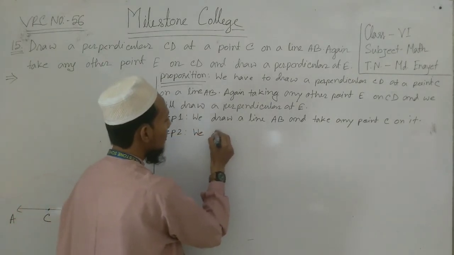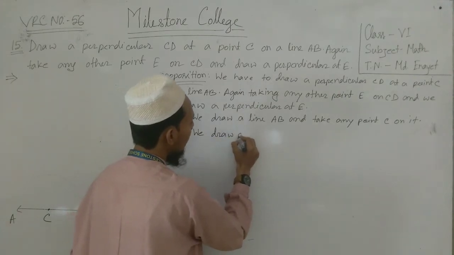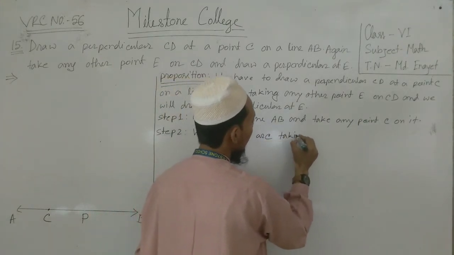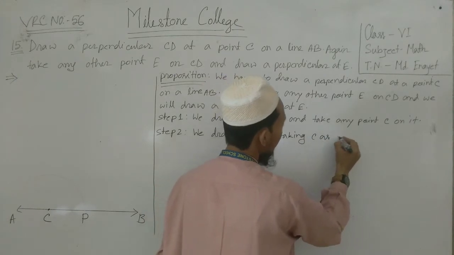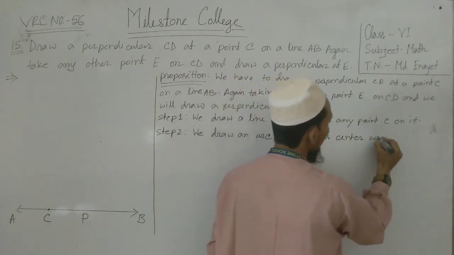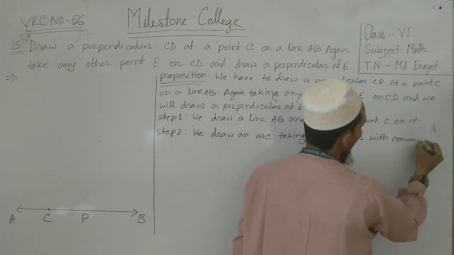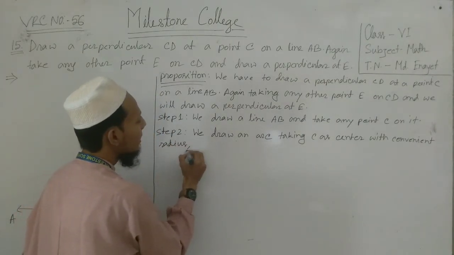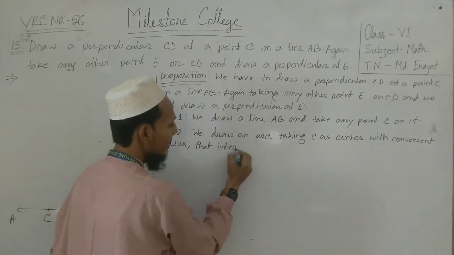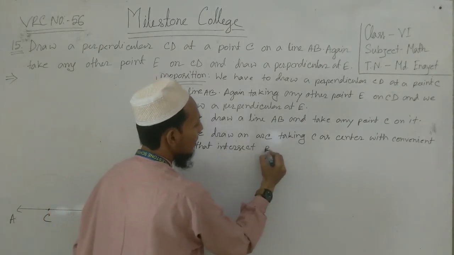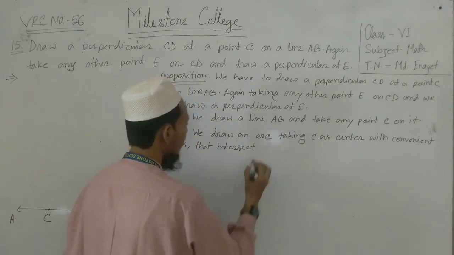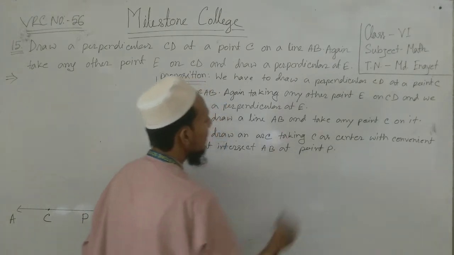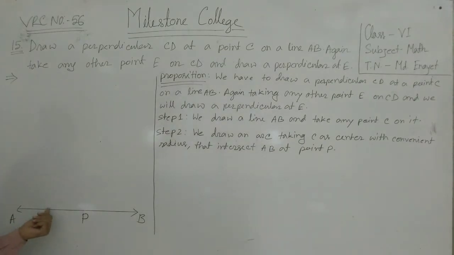We draw an arc taking C as center with a convenient radius, and that intersects AB at point P. So, this was the second step: taking C as center with any convenient radius.